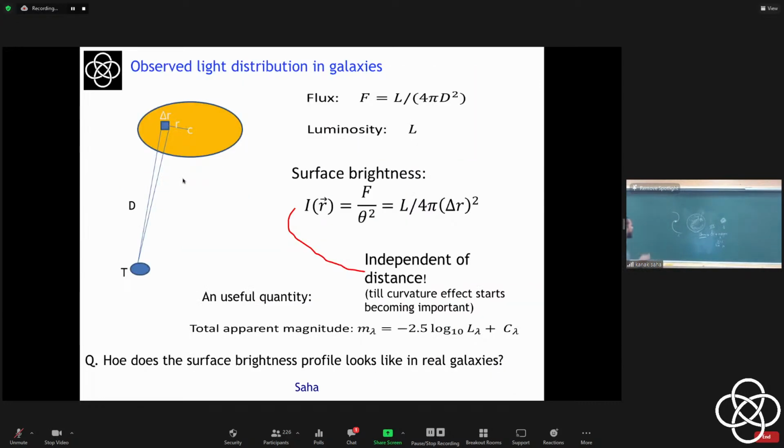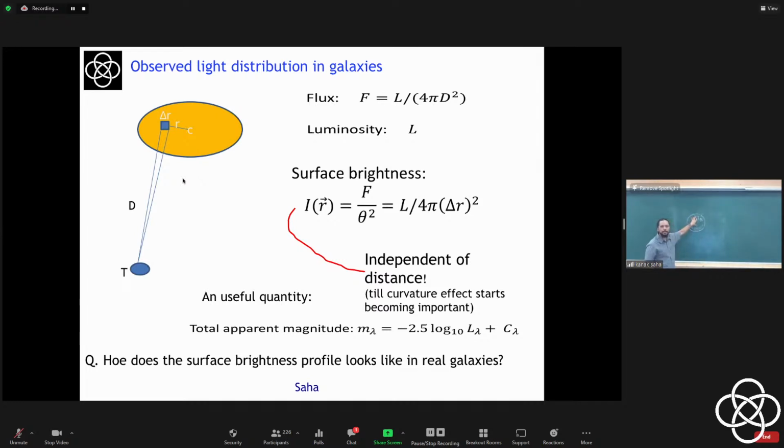So we understand the very basics first, and we get into a little bit of what can be measured in a galaxy. Now this is obviously very basic.